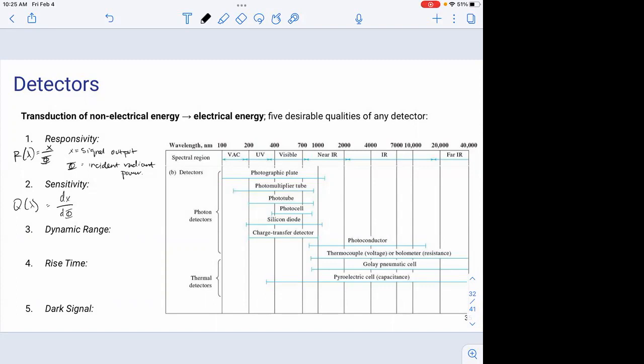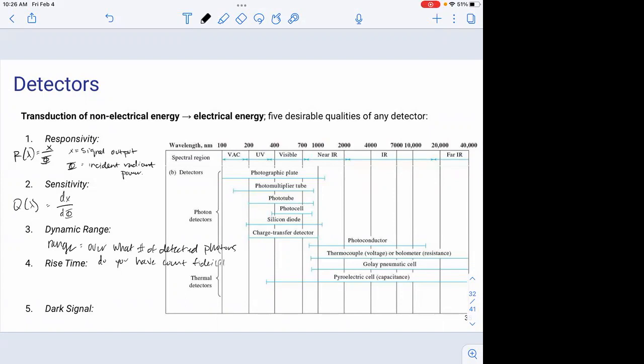All right, so dynamic range. So over what number of detected photons do you have count fidelity?